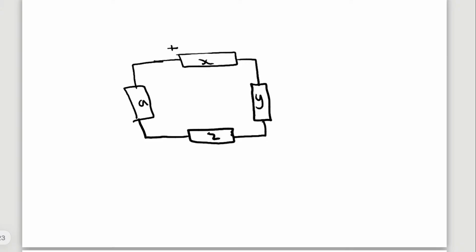Let's say this is positive, negative, negative, positive, positive, negative, negative, positive. Then these are Vx, Vy, Vz, and Va.